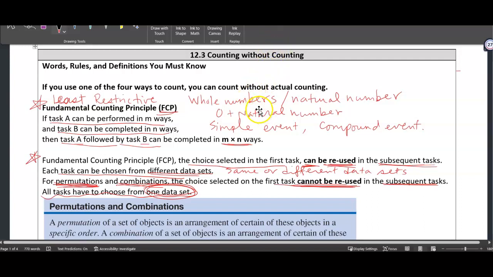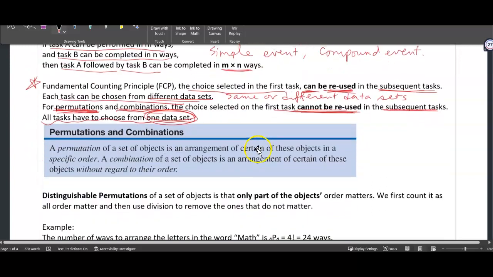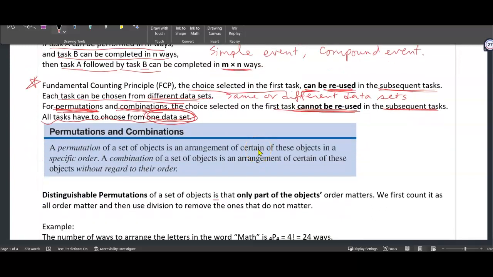However, one thing sets them apart. What is that one thing? If you still remember, permutation is when order matters. How do we know if order matters? If there is a title, positioning, or labeling involved, then order matters. Order doesn't matter when we don't have any title, don't have any labeling, and are not in a line, with no positioning.